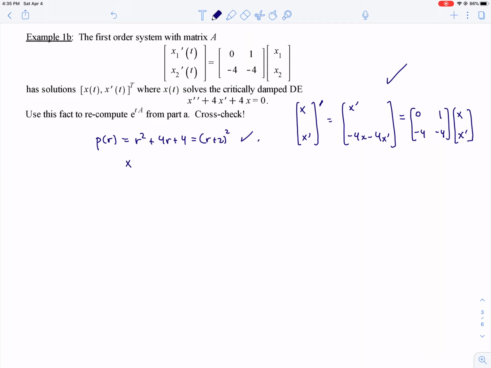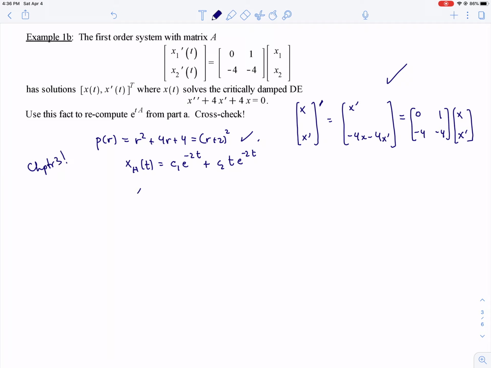And so the homogeneous solutions to this critically damped unforced DE were C1 e to the minus 2t plus C2 t e to the minus 2t.